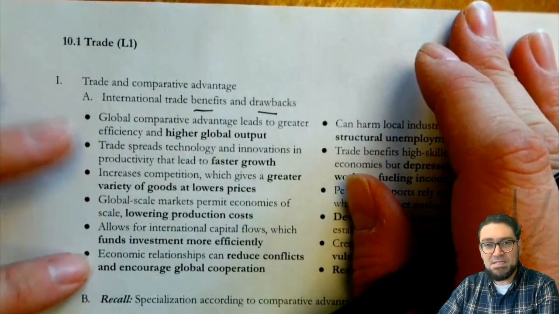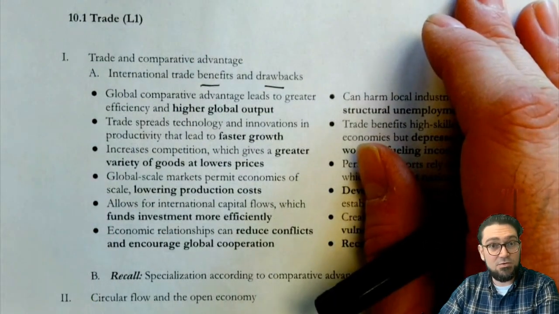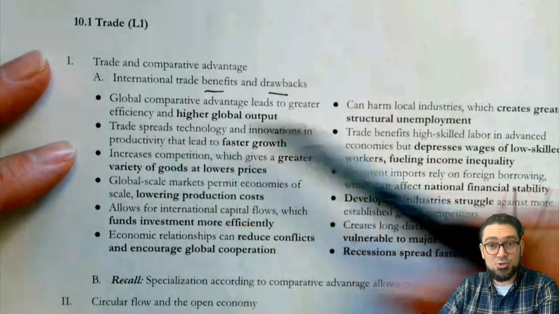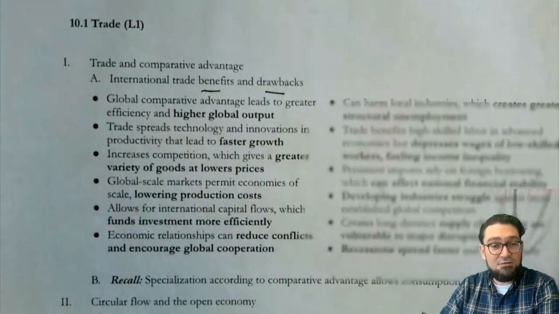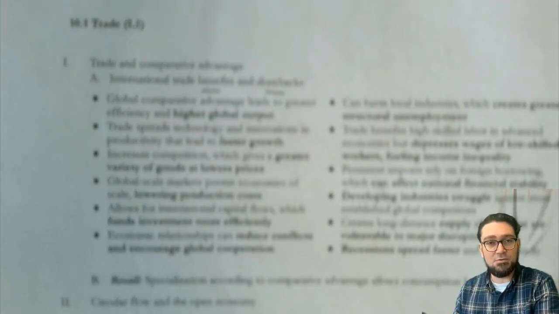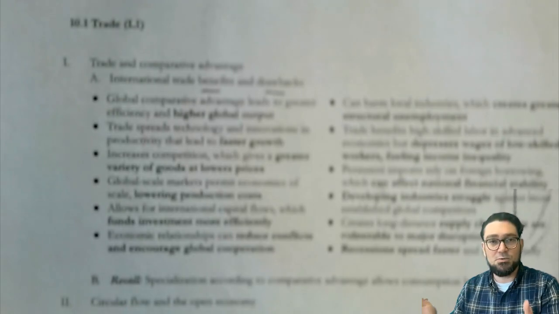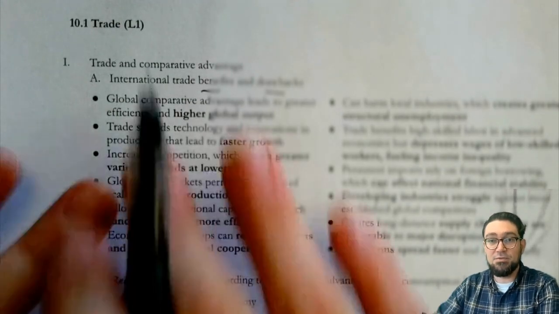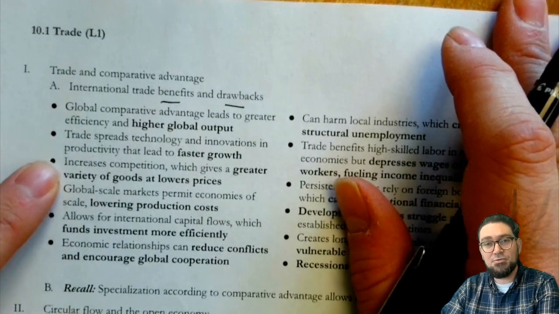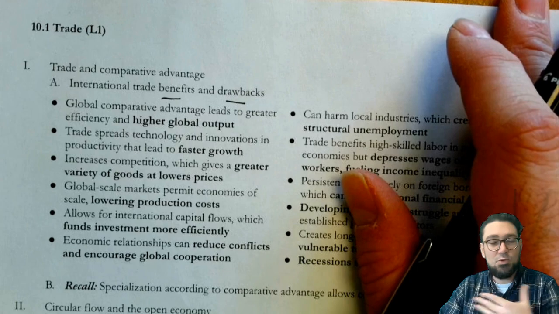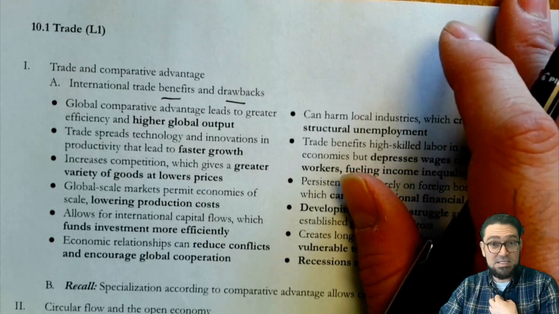There are some other benefits that economists would center on in terms of the benefits of trade from an international perspective. Trade can spread innovations, which would obviously speed productivity and growth rates. So trade facilitates growth in a couple of different ways, and that's one of them. Another one is that it increases competition. When we trade with one another, it actually forces us to get better, right?